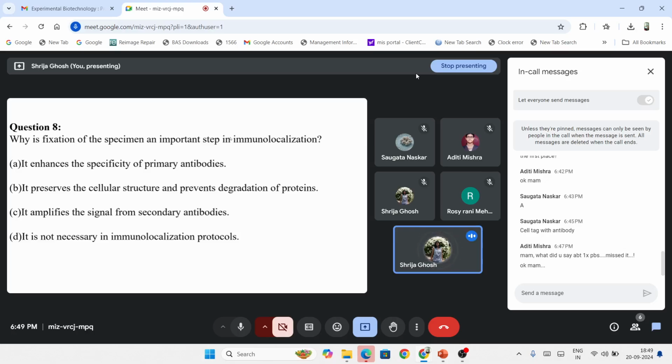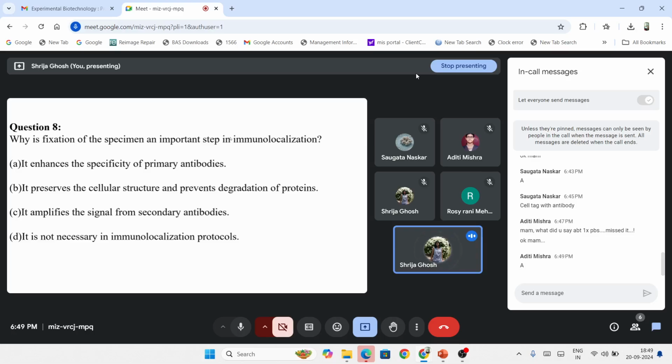I just now explained so much, so if you have understood, you should be able to answer it, all three of you. Why is fixing important? I just now told you what is happening during fixation. Why am I fixing it?